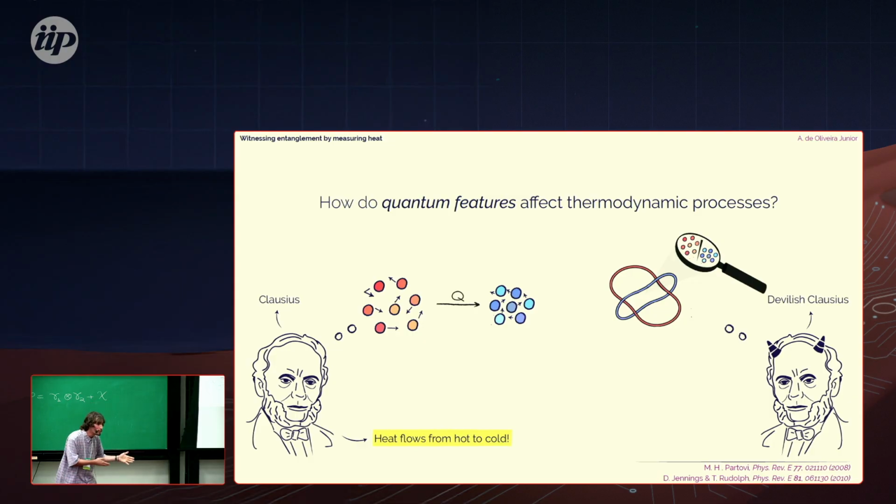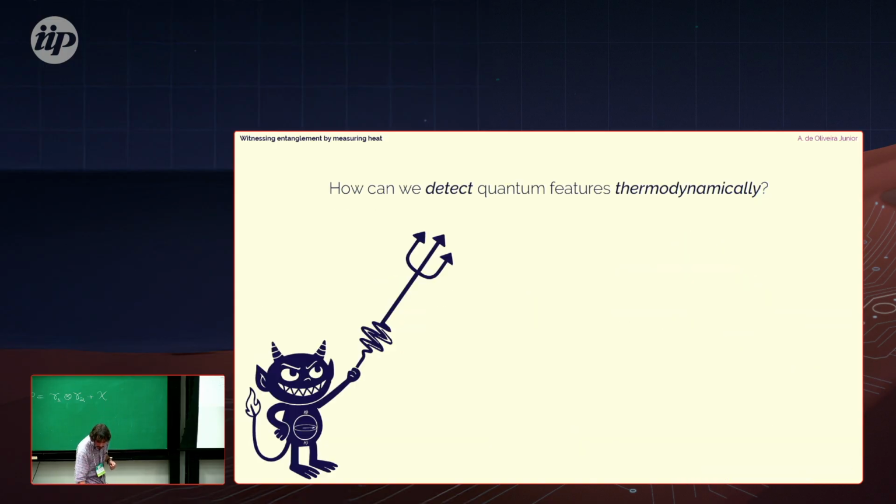By doing so, people realized that classical correlations could also reverse this heat flow. So the question we posed was: how can we truly detect the presence of quantum correlations in a thermodynamic way?